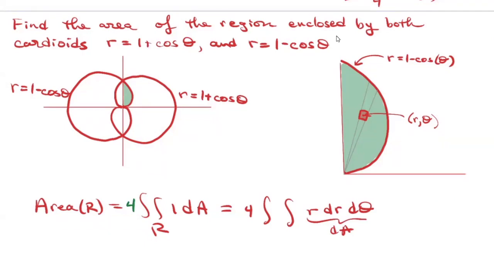At the tip of the slice and at the outer edge of the slice. I get it. r goes from 0 at the tip of that little pie-shaped slice that I drew, to the other end where r is 1 minus cos theta.